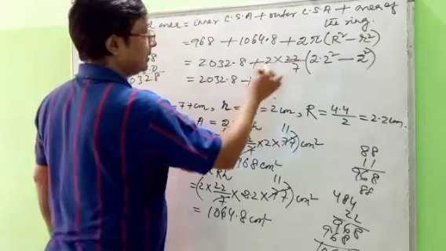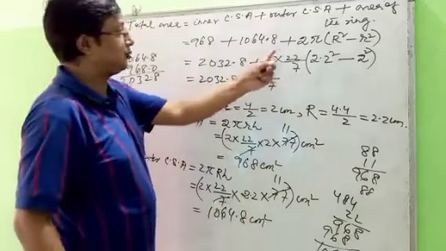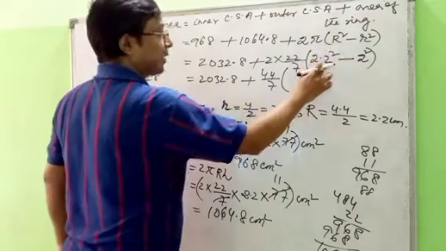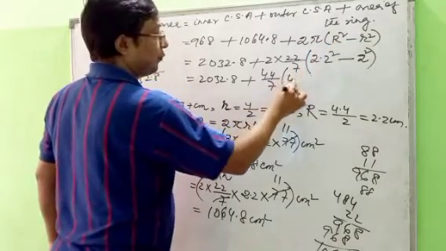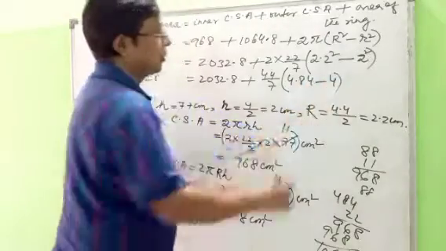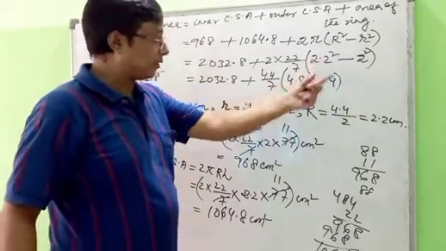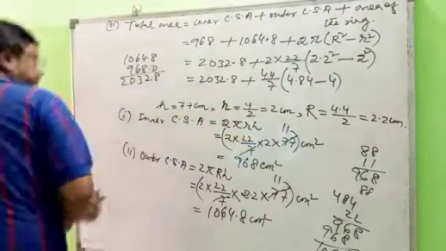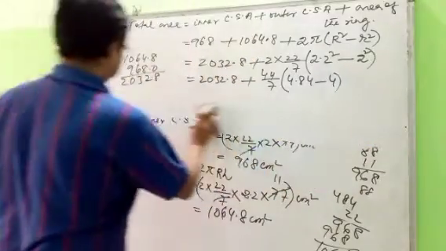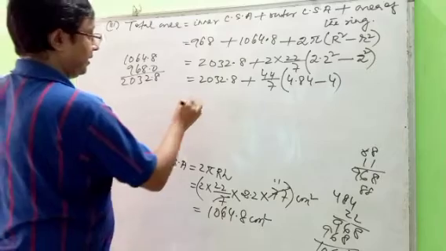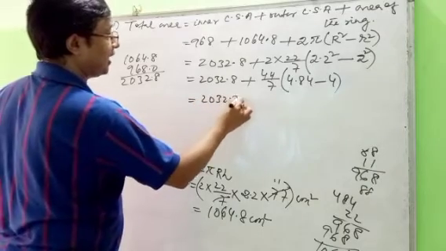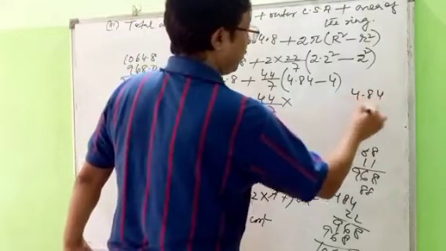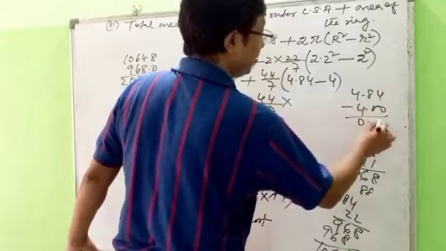Equals 2032.8 plus, you will get 44/7, 22 into 2, 44/7 into, now 2.2 square, multiply 22 twice, you will get 4.84, minus 2 square is 4. So equals 2032.8 plus 44/7 into, now 4.84 minus 4.00, you will get 0.84.